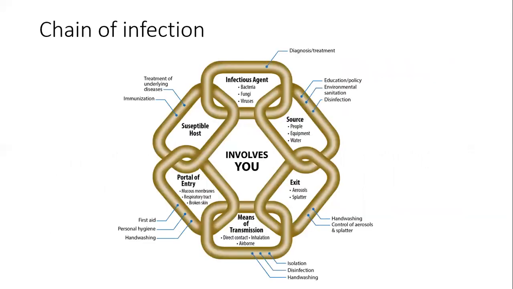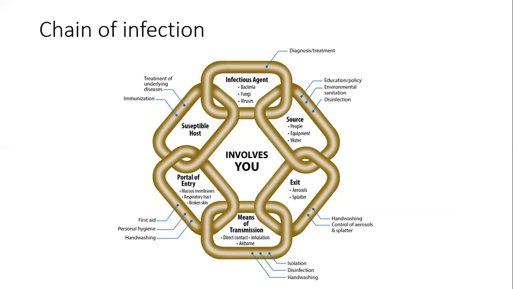So this is the chain of infection. As I say, this is a foundational concept in infection control. You'll see how this is lived out in the acute care setting where they really try to break the chain. That is the key concept here. You can see all the points at which the healthcare industry can interrupt the chain.